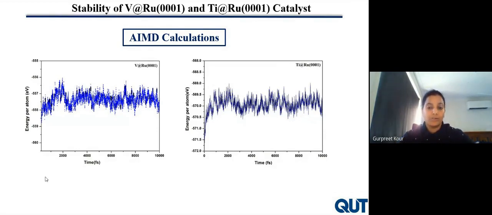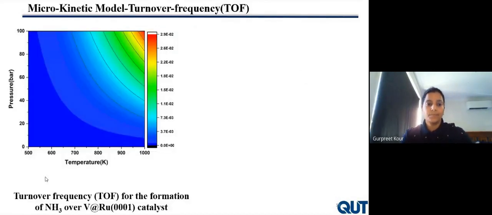After the calculations, we found that the initial and final geometries were quite similar. There was not much buckling of the structure. That means the catalysts have quite high thermal stability.